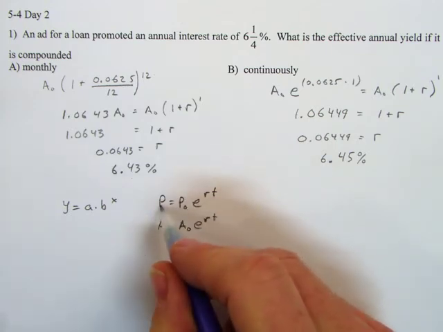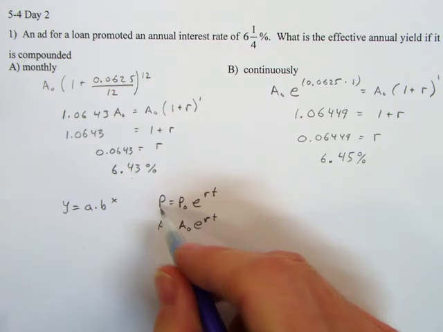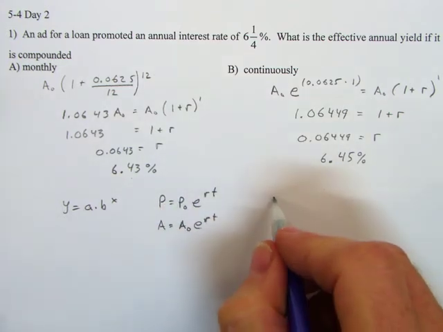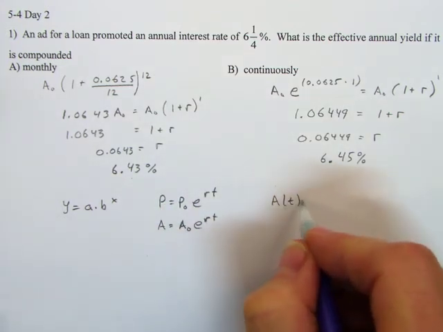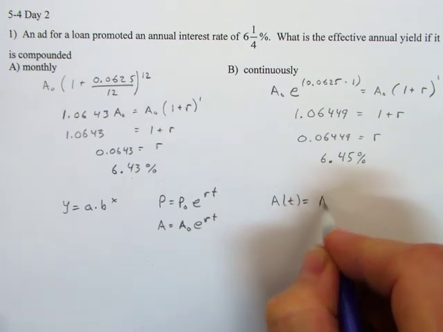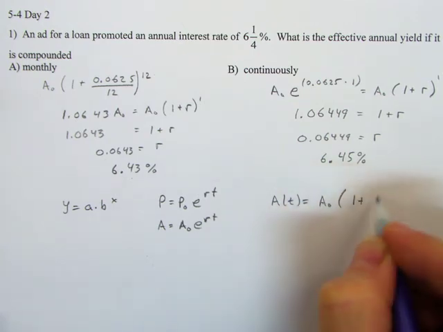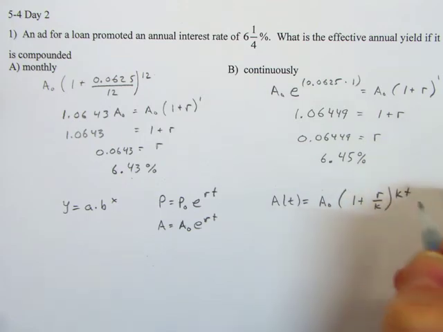Whereas when we write p, we're talking about the function p of t. And we also have a of t equals a sub 0 times 1 plus r over k to the kt. What we want to see is that these are all basically the same.